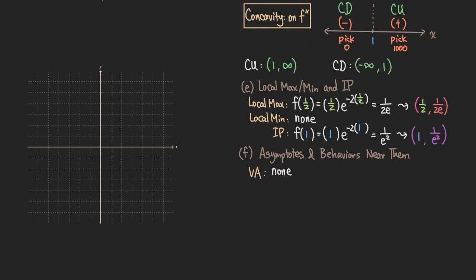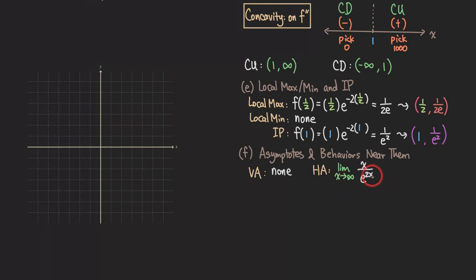For horizontal asymptote, we need to check the two limits right here. So one of them is that we need to take the limit as x approaches infinity of the function. So the function, of course, is x over e to the 2x, right? So now I'm using the form without the negative sign in front of 2x.